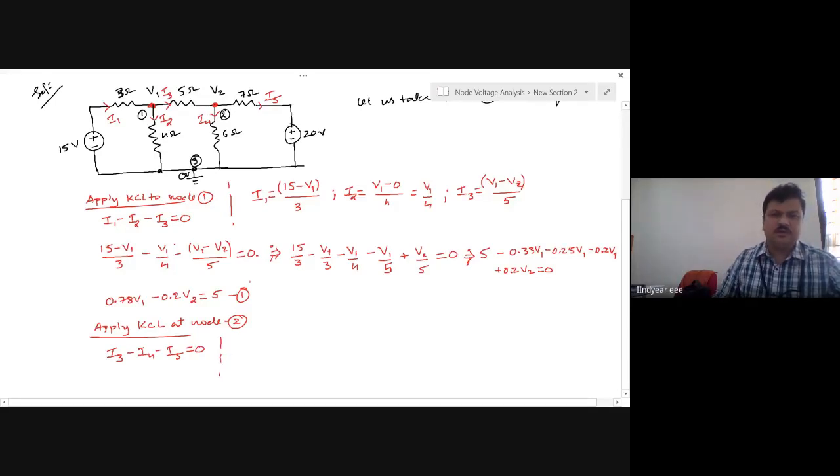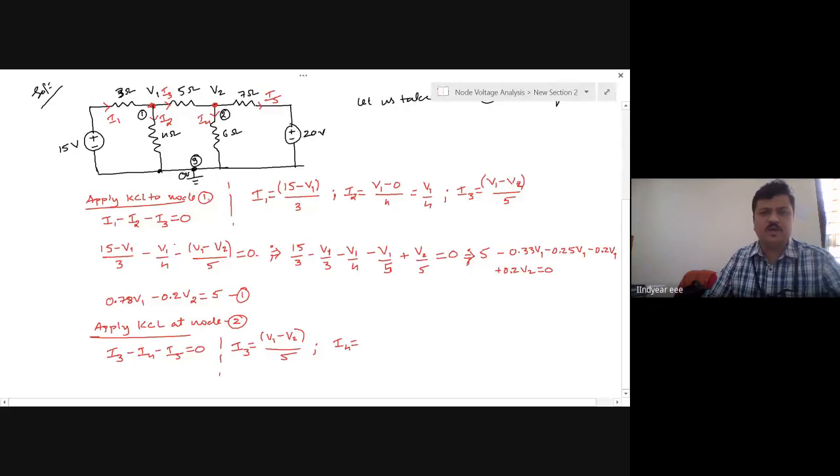Now write the values for I3, I4 and I5. I3 we know. I3 is equal to, current is from V1 to V2, that is (V1 minus V2) divided by 5. Then I4. I4 is in the 6 ohm between V2 and ground.